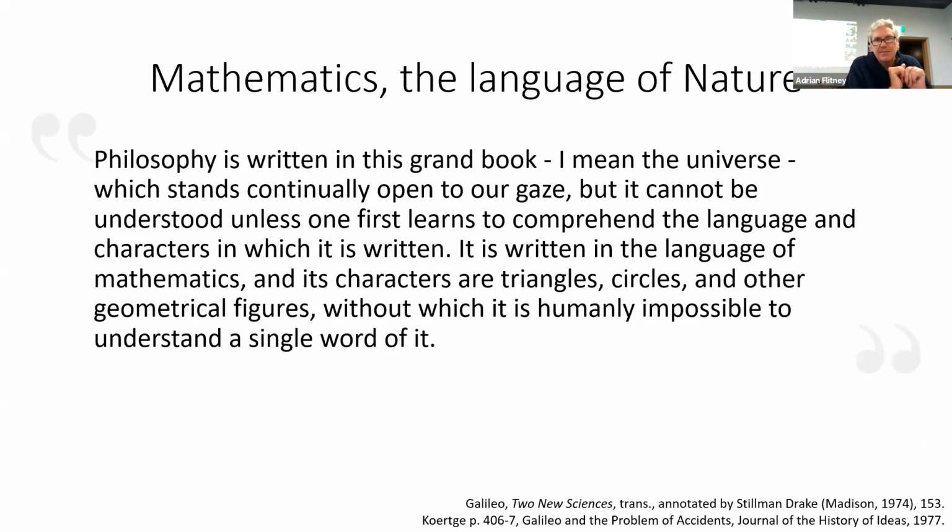And certainly for Galileo, this wasn't really an idealization at all, because he says that nature is a grand book that's written in the language of mathematics. And its characters are triangles, circles, and other geometrical figures, without which it's humanly impossible to understand a single word of it.